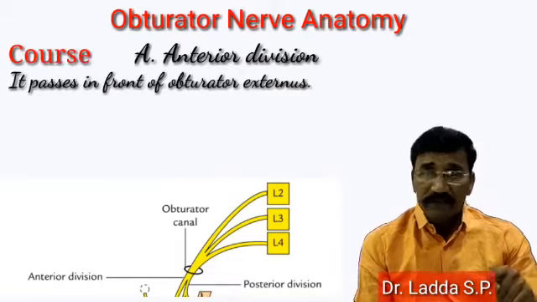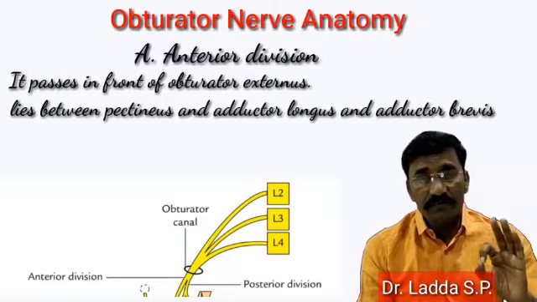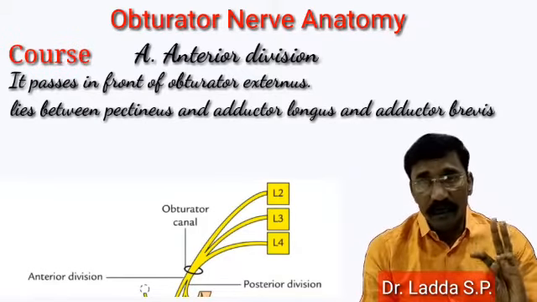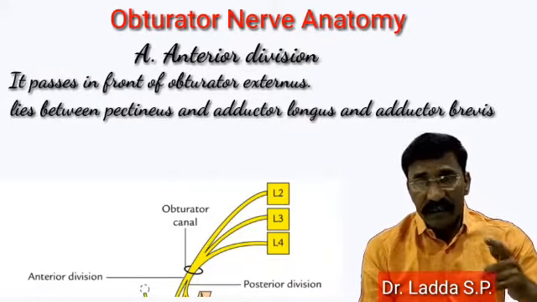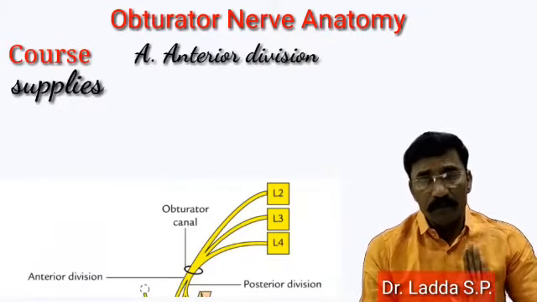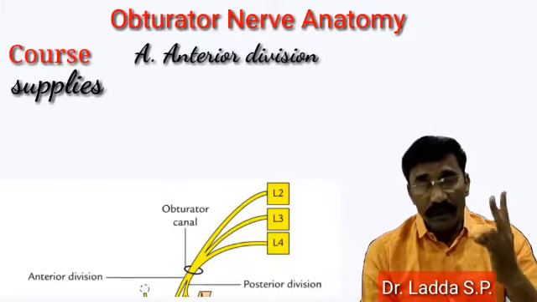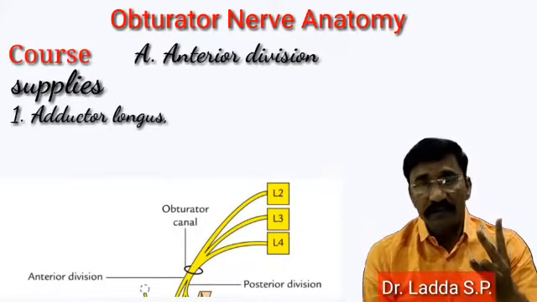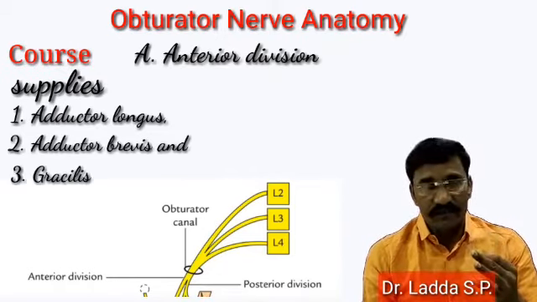Then these fibers lie between the pectineus, adductor longus and adductor brevis muscle. This anterior division of obturator nerve supplies three muscles. One is adductor longus, second one is adductor brevis and third one is gracilis.